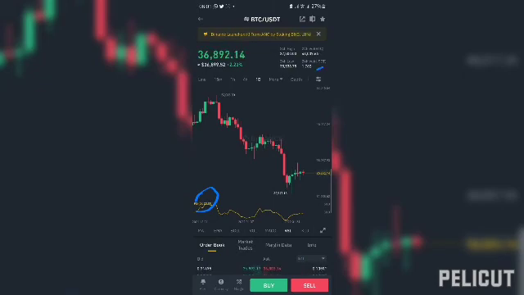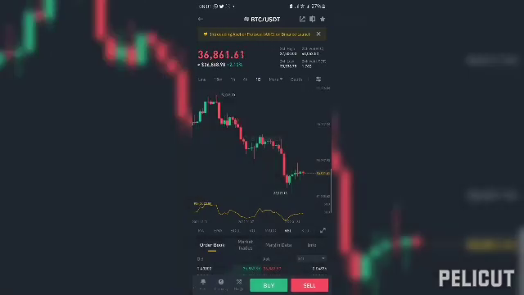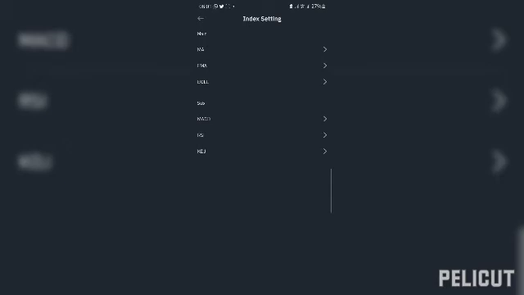For you to set it, you have to click on this, then click on indicators, then click on RSI.